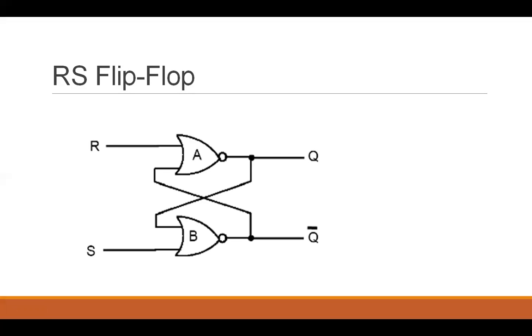The difference is that output is again being fed back into the NOR gate, which is actually making this a sequential circuit. To understand the terminology, remember that R is reset and S is set. Whenever you are using the set bit, you are actually setting the Q to 1, and reset means you are setting the Q to 0.